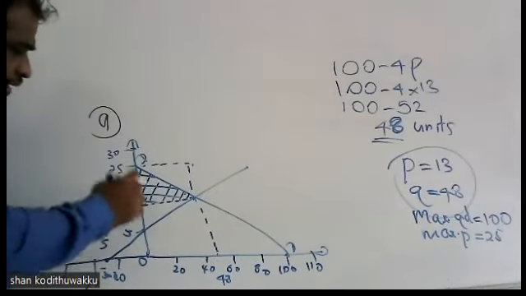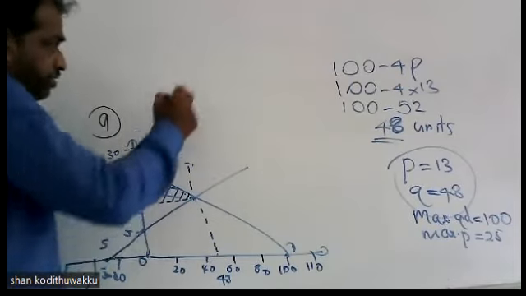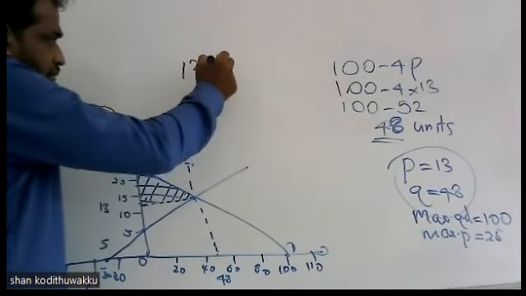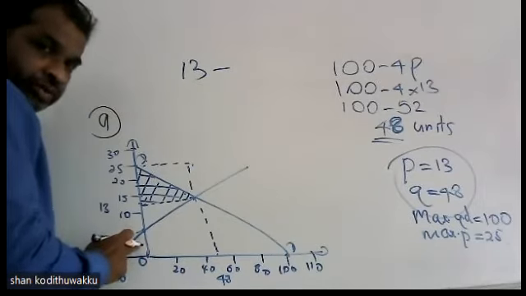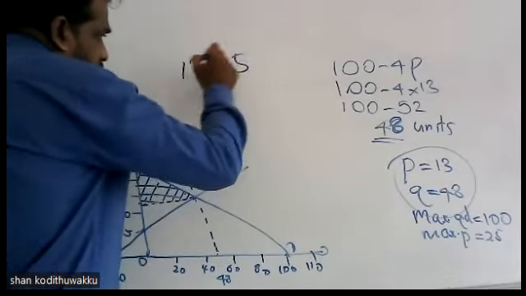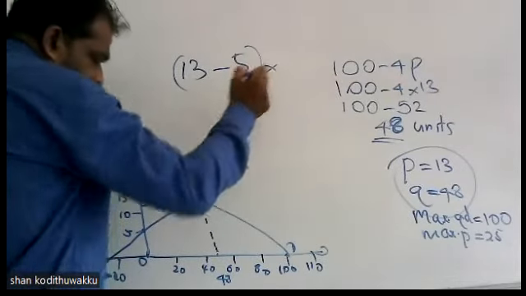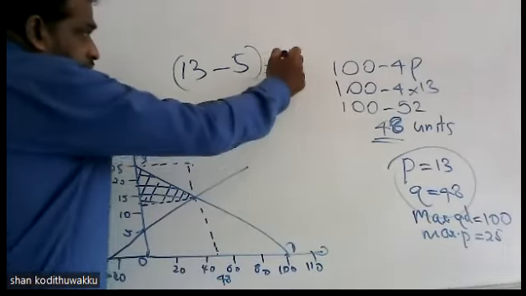Right. When it comes to this area, the market equilibrium price 13 minus the lowest price they are willing to supply goods 5, and multiplied by the market equilibrium quantity supplied 48.